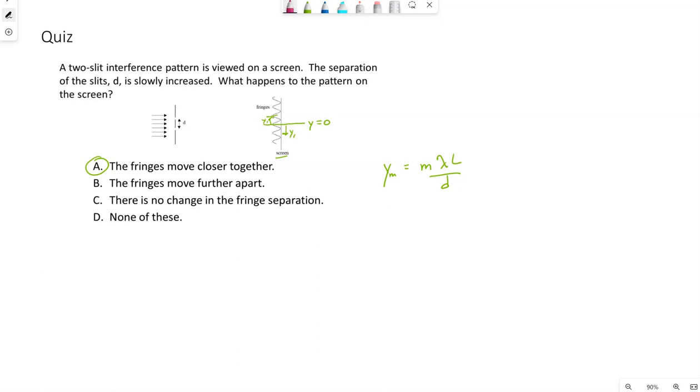So we're looking at making D bigger. If we increase D, then y will get smaller. That means those bright spots will get closer together. If the y value is smaller, then the bright spots are closer.